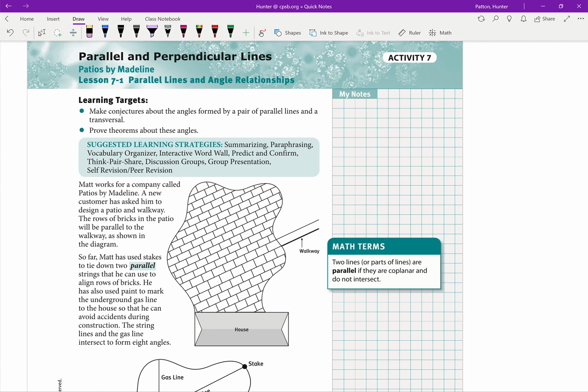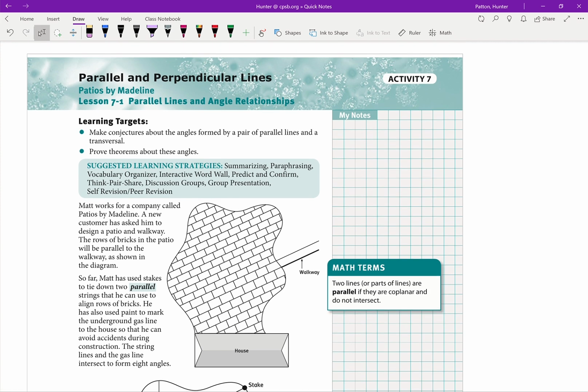Today we are starting activity 7, which is called parallel and perpendicular lines. Okay, so we will be dealing with parallel and perpendicular lines, obviously, and the way we're going to do this is with this scenario through Patios by Madeline.